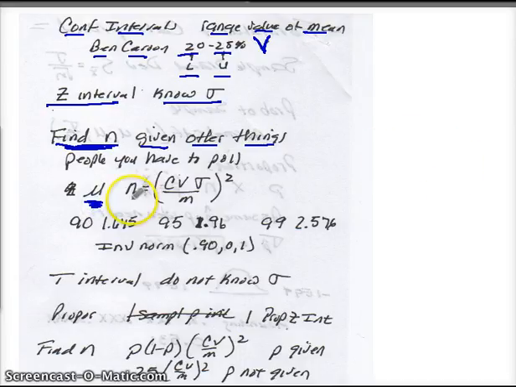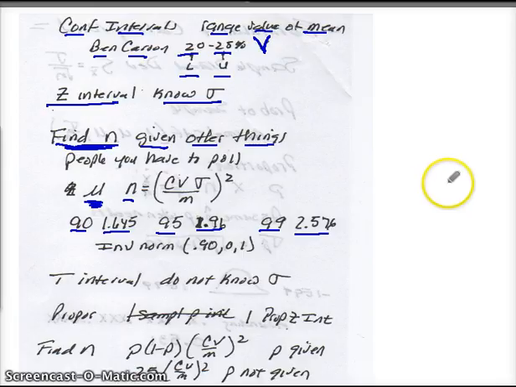And so here's one formula you need to know. n is equal to the CV, that's your critical value, times your population standard deviation, over the margin of error, that whole quantity squared. Okay, please practice putting that in your calculator. Remember, at 90% it was 1.645, at 95% 1.96, 99% was 2.576.